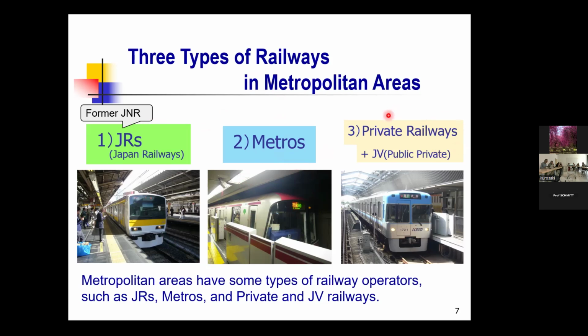And thirdly, private railways and some joint venture companies between the public and private sector. In large metropolitan areas like Tokyo and Osaka, all these railways are operated under the structure of vertical integration. This means the railway companies must pay all costs, including infrastructure maintenance, and they do not receive an annual subsidy from the public.